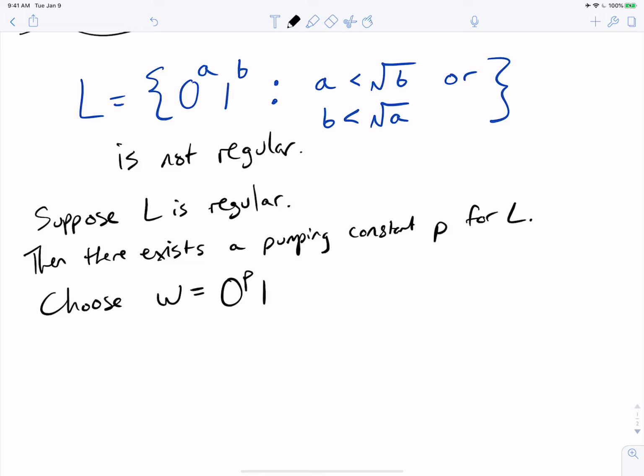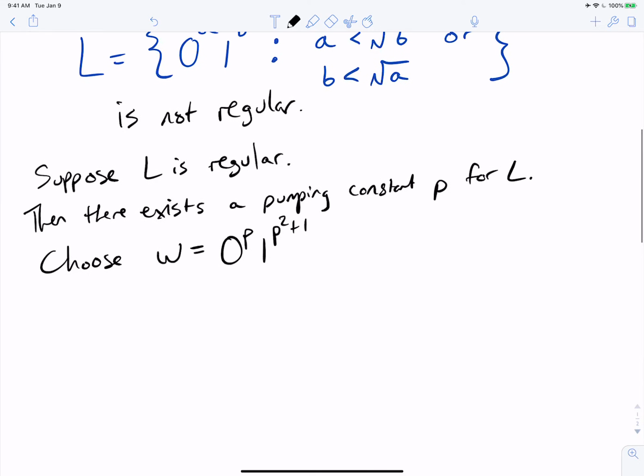But P squared plus 1 avoids that issue because we have the symmetric condition here. If we only had one, then we would have to work with the zeros at the front to make them longer so that the ones is always an integer. Okay, so we pick this string.